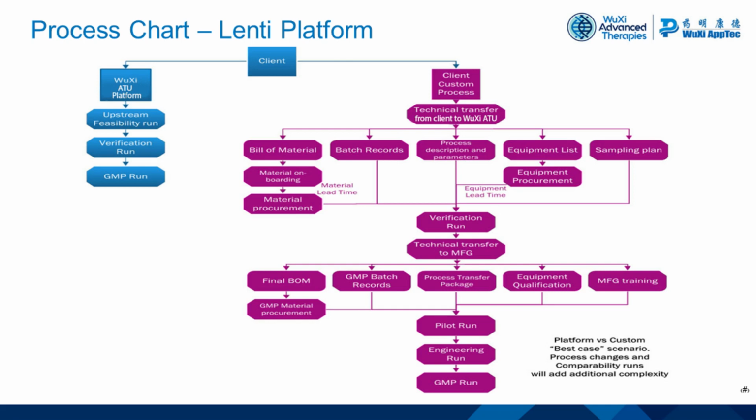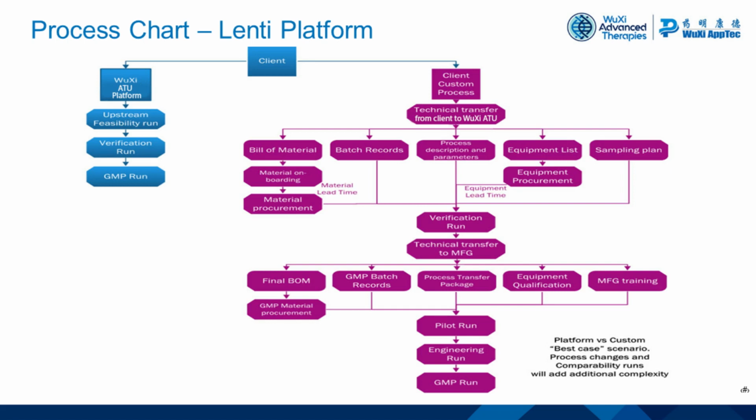This short approach gives our clients significant advantage compared to the custom process, where each step needs to be worked sequentially from tech transfer, bill of materials, batch records, process description, equipment list, and sampling plan before we even perform the verification run.